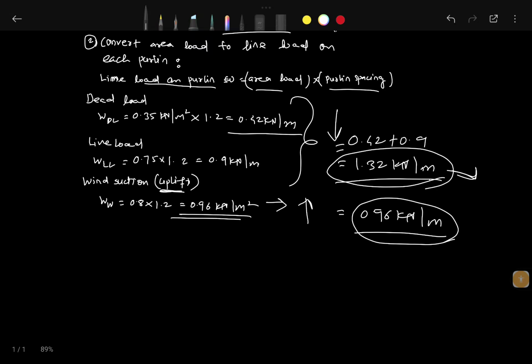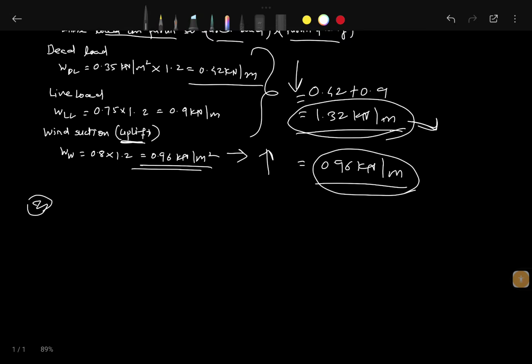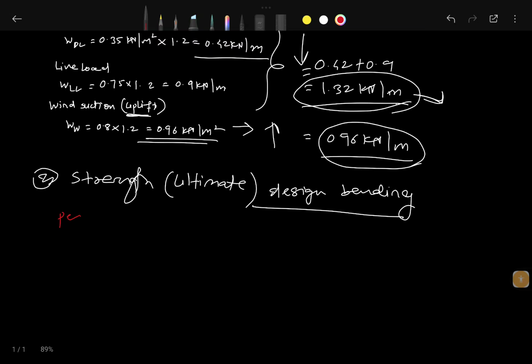Then go to the second point: strength, ultimate design bending, choosing the governing load combination. For that, we use load combinations as per IS 800.